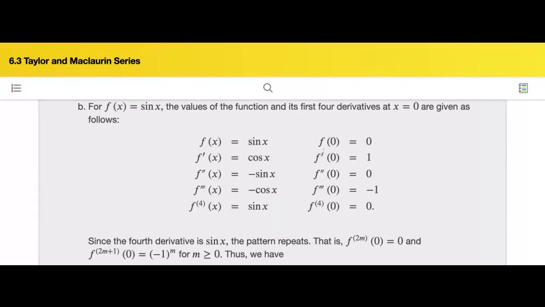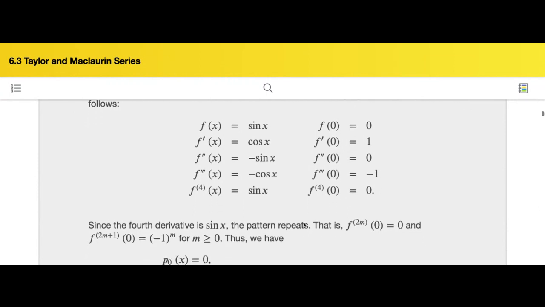Periodic function. So we evaluate at 0 because we want to find its Maclaurin representation. So f of 0 equals 0, f prime of 0 equals 1, f double prime of 0 equals 0, f triple prime equals -1, the fourth derivative equals 0. So we see a lot of terms will vanish.